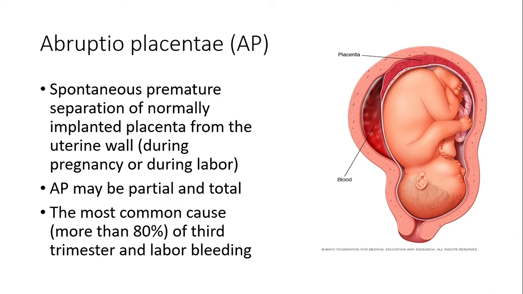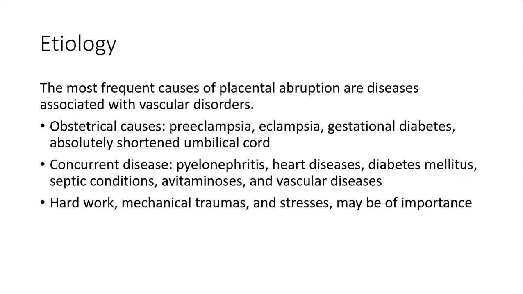Abruptio placentae, or premature separation of a normally implanted placenta, may happen before labor and during labor, of course. Abruptio placentae may be partial and may be total. This is the most common cause of third trimester bleeding and bleeding during labor.